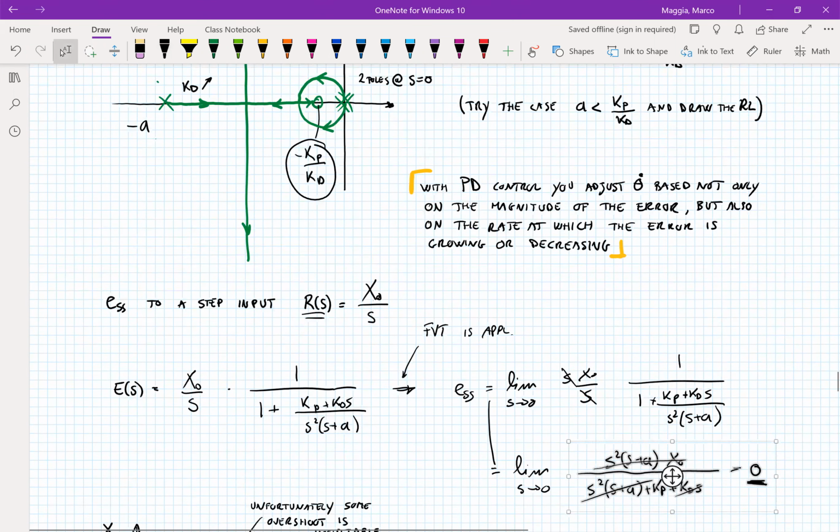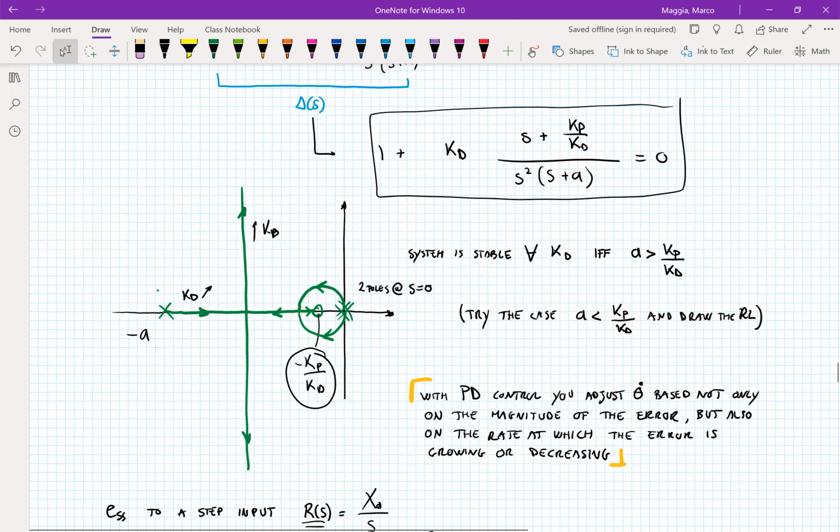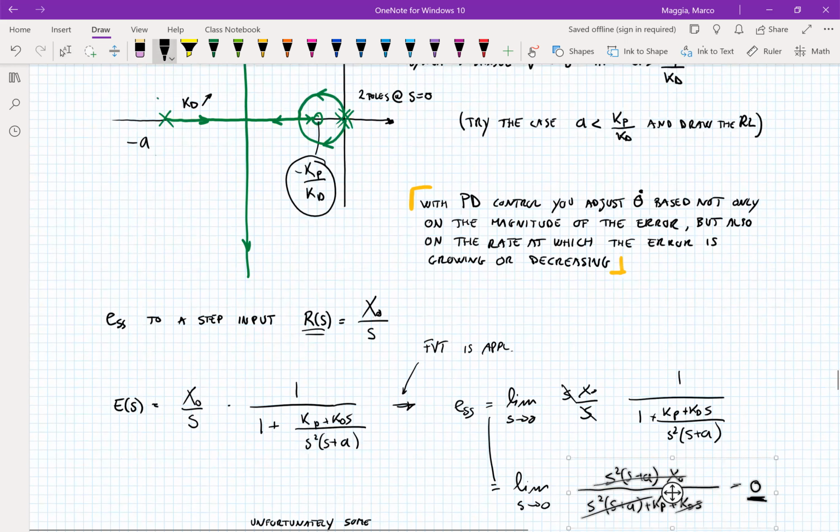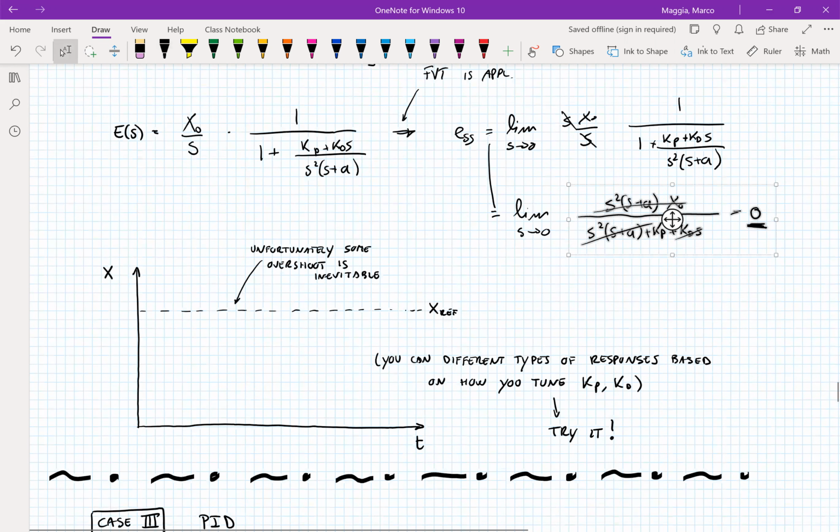Unfortunately, for this kind of plant, a third order system in such form, and for this PD controller, the best result that you can get when you plot the actual output, that is the distance, is that you will still have a slight overshoot.